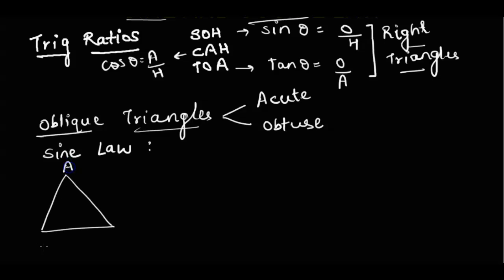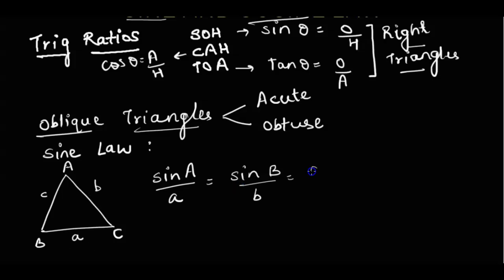So if we have triangle ABC, angle A's opposite side is lowercase a, angle B's opposite side is lowercase b, and angle C's opposite side is lowercase c. So sine law is a proportion of the sine of an angle with its opposite side, therefore it can be written as sine A over a equal to sine B over b is equal to sine C over c.